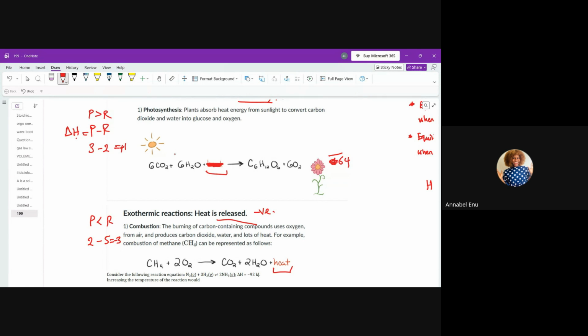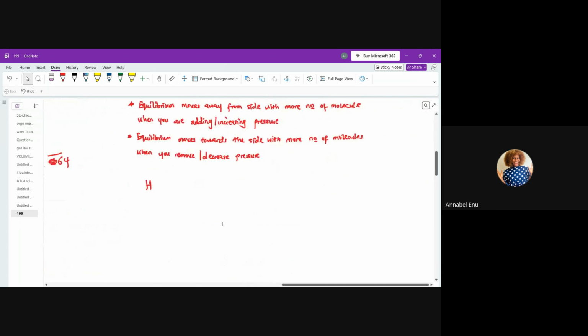Equilibrium will shift away from the side where heat is, or from the side where heat is added.